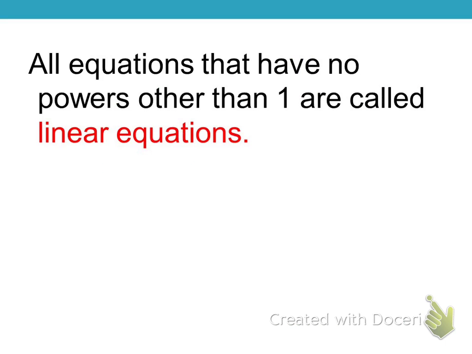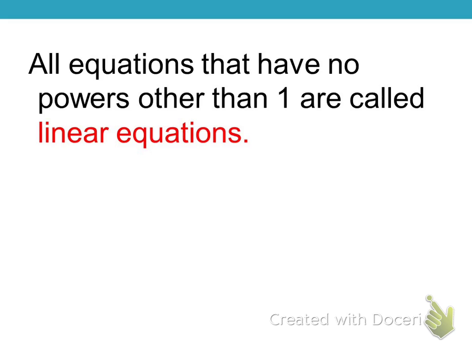All right. All equations that have no powers other than 1 are called linear equations. Why do you think they're called linear equations? Because they make lines. That's what we just got done discussing. If yours does not make a line and you don't have an exponent that's something other than a 1, you've made some sort of a big mistake, okay?